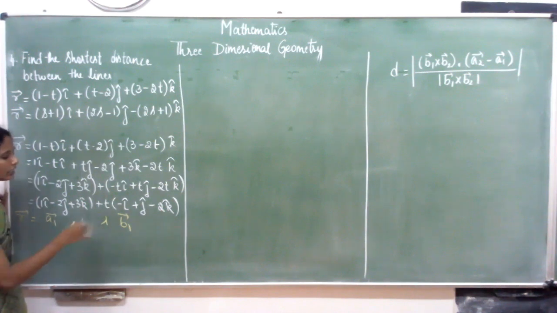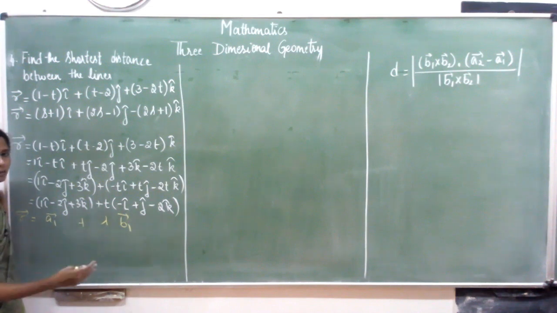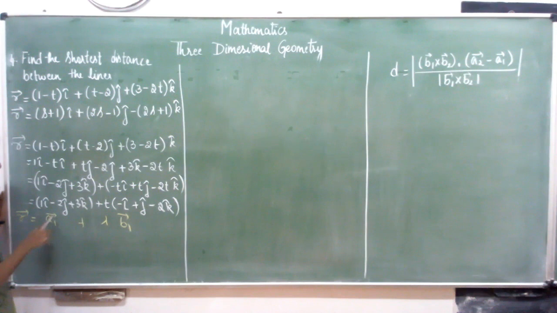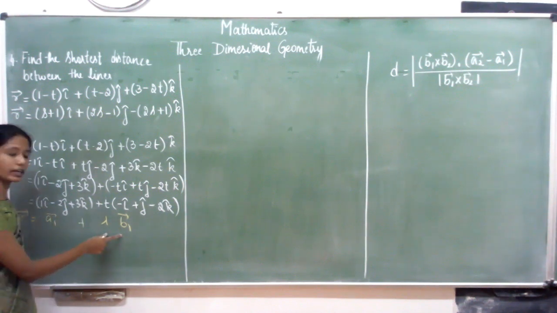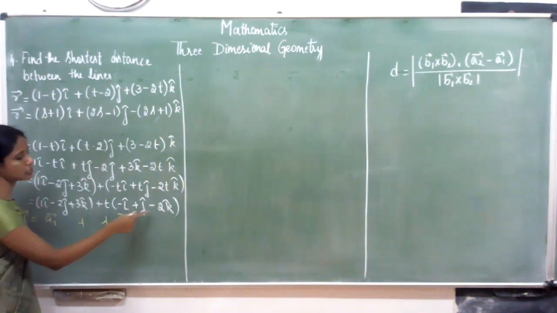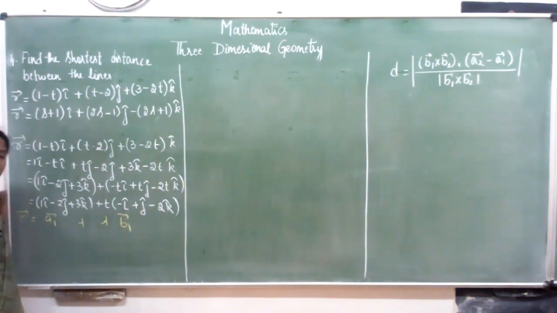Usually we exclude a, b, c and x, y, z, and consider the remaining alphabets. So t is like lambda, the scalar quantity which we multiply. So here we have A1, which is 1 i cap minus 2 j cap plus 3 k cap, and vector B1, minus i cap plus j cap minus 2 k cap.